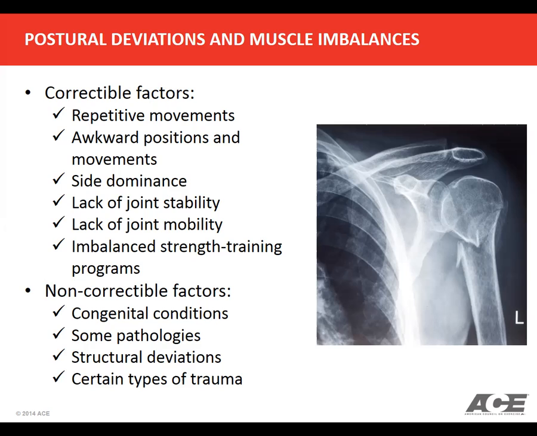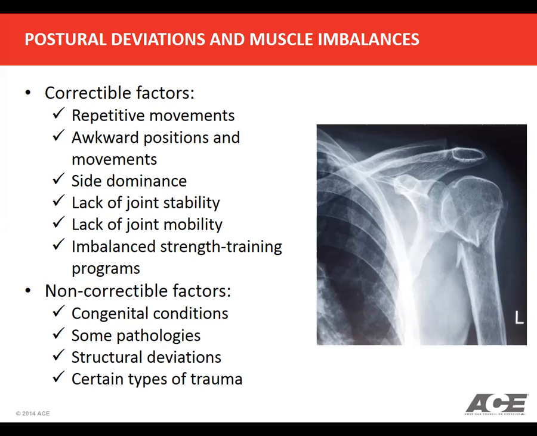Now, lack of joint stability, we can work on. Again, we can strengthen and stretch and make sure that you have good joint stability, joint mobility. Imbalanced strength programs, definitely, right? If the program itself is imbalanced, then yeah. Now, again, you may purposely imbalance things to try to counteract some injuries and things like that.